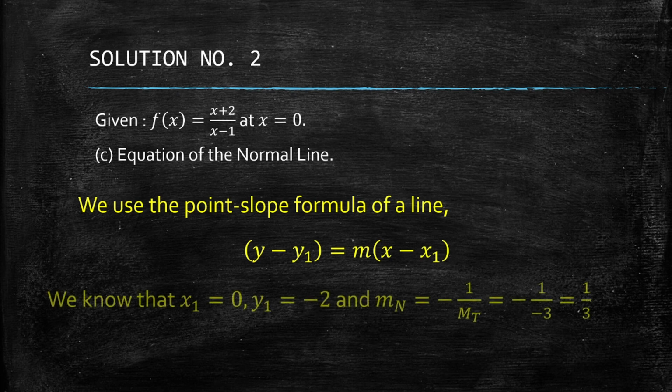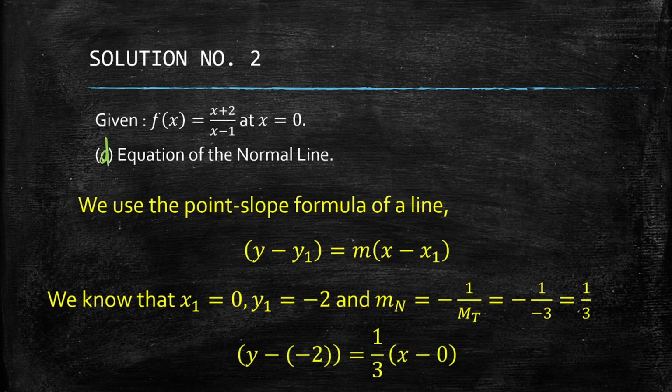We will use the same formula and the same points because we know the point already from letter A. Rather, this is actually letter B. And again, we know the slope of the normal line is just the negative reciprocal of the slope of the tangent line, or negative 1 over mt. Since mt is negative 3, we will have negative 1 over negative 3, which is 1/3. Then we use the point slope formula.